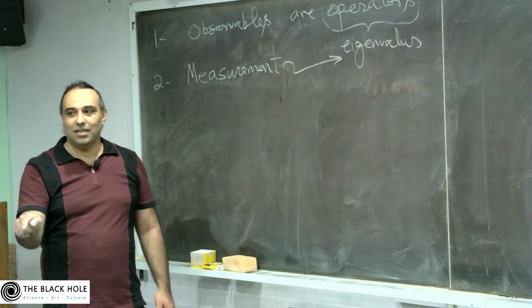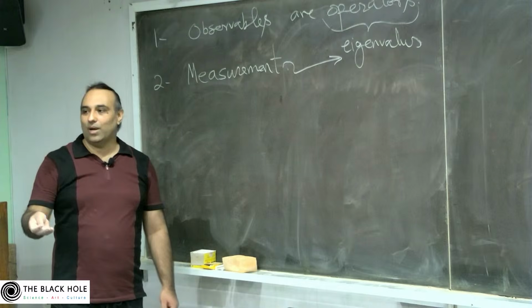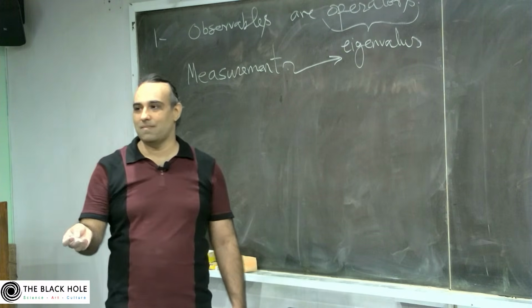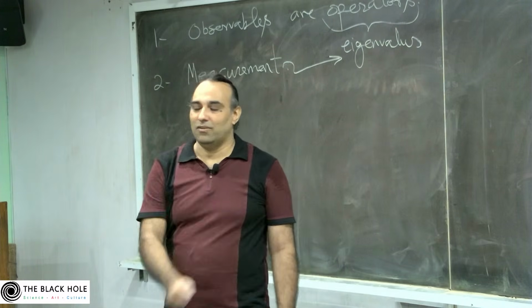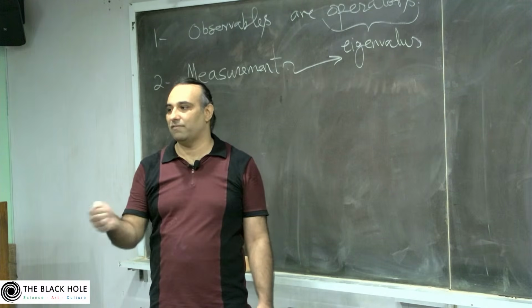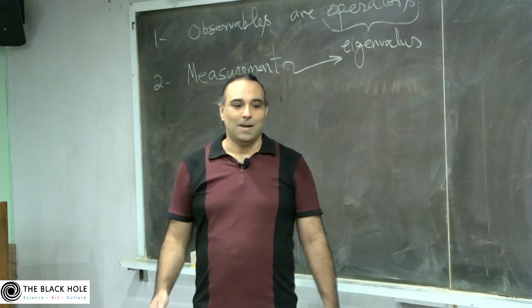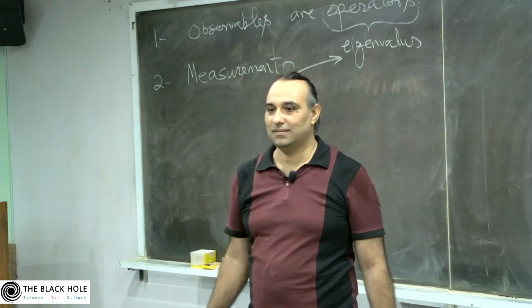It's probabilistic. Just like throwing a coin, which has two faces, head and tail. If we throw it, we get either head or tail. For a fair coin, it's 50-50 probability, but we don't know which side we are going to get.